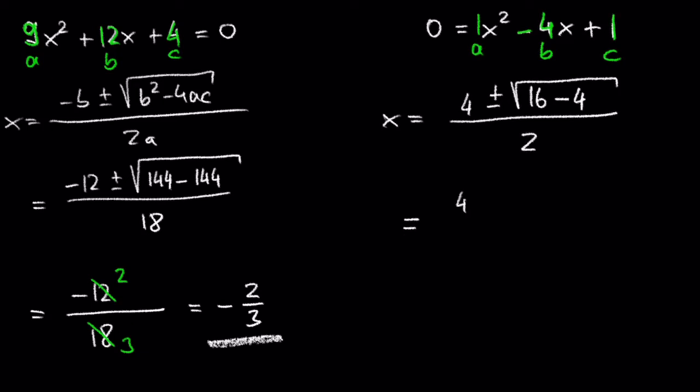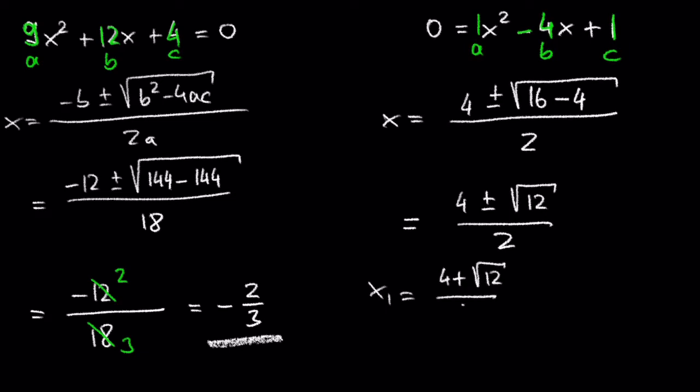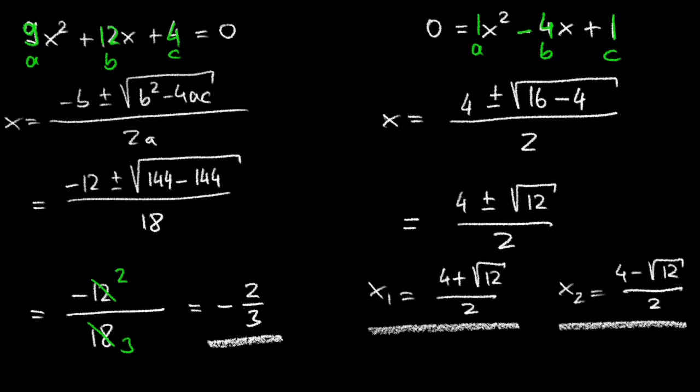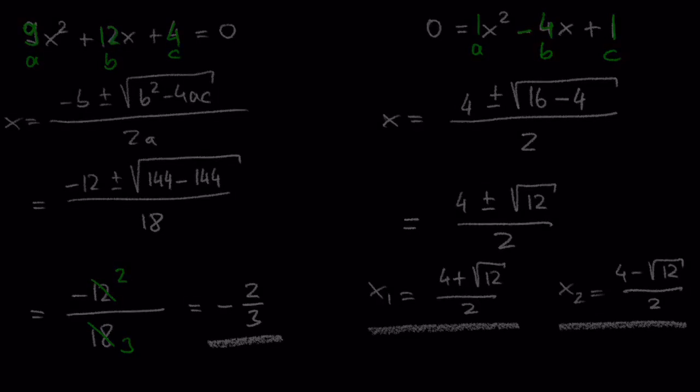So we get 4 plus minus the square root of 12 over 2. So one solution is 4 plus the square root of 12 over 2. And the other solution is 4 minus the square root of 12 over 2. Feel free to simplify this and write it in the comments.